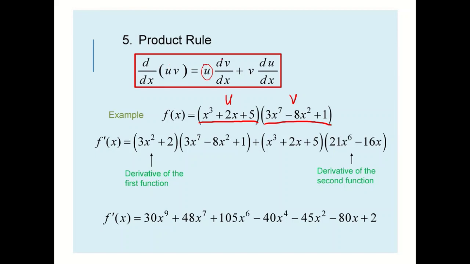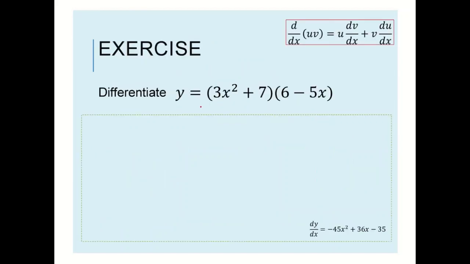Now, differentiate y equals, we have two functions here: 3x squared plus 7, and another function, 6 minus 5x. We are going to take the first as function u and the second as function v. When we differentiate u, we bring the power down, 2 times 3 is 6, and 2 minus 1 is power 1, which we don't write.